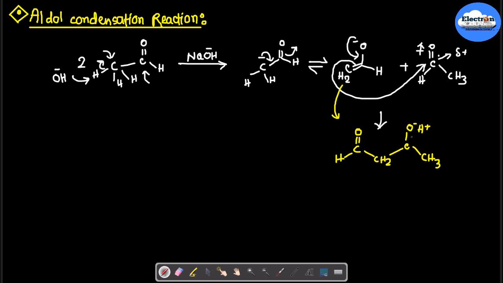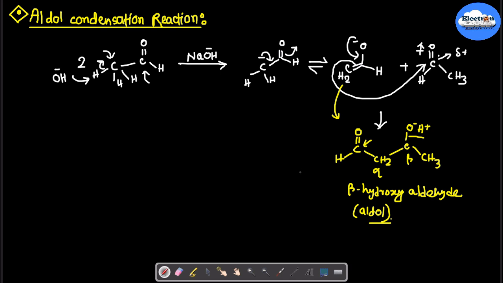With respect to this carbonyl carbon, this carbon is alpha and this is the beta carbon, so it can be named a beta hydroxy aldehyde. This compound is named aldol, and as per this compound's name, the reaction has been named the aldol condensation reaction. This is aldol. Okay, I think now it is very clear to you.